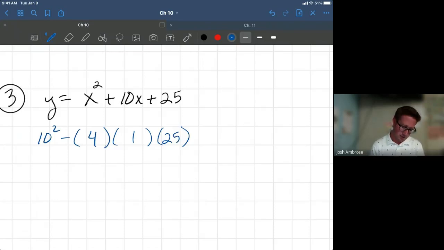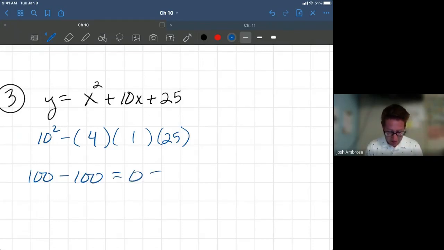All right, 10 squared is 100 minus, and then 4 times 1 is 4. 4 times 25, also 100. So 100 minus 100 equals 0, which equals 1 solution.